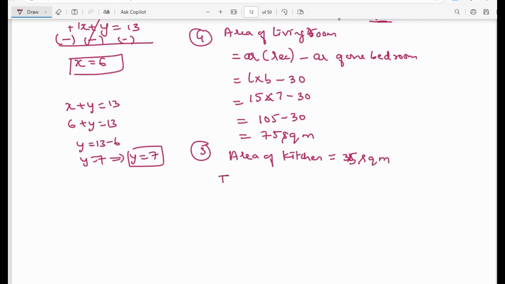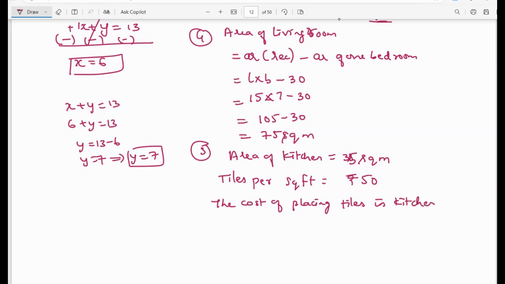Tiles per square feet is rupees 50. So the cost of placing tiles in kitchen equals 35 into 50, that is 1750. So rupees 1750.